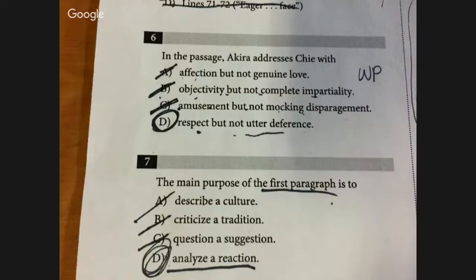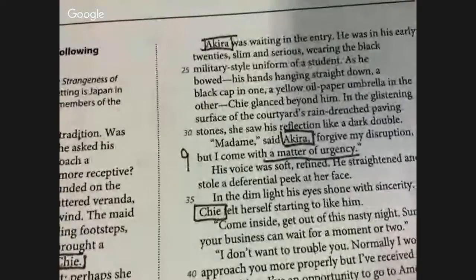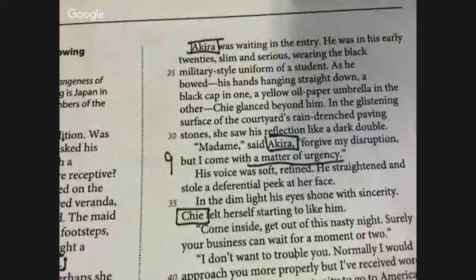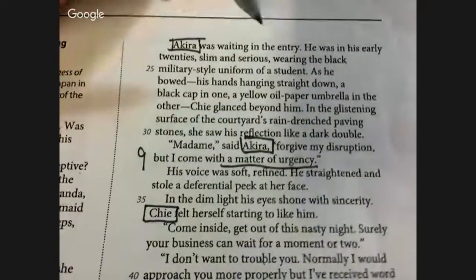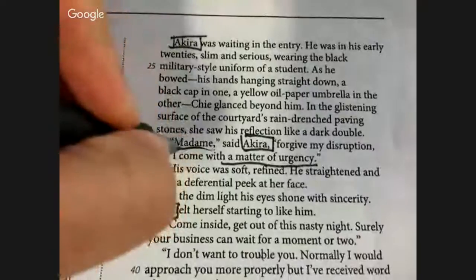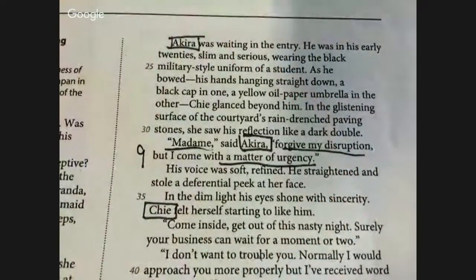Respect but not utter deference. This is the correct answer choice because there are several places where he shows respect toward Chie, such as calling her madam, asking for forgiveness for the disruption.